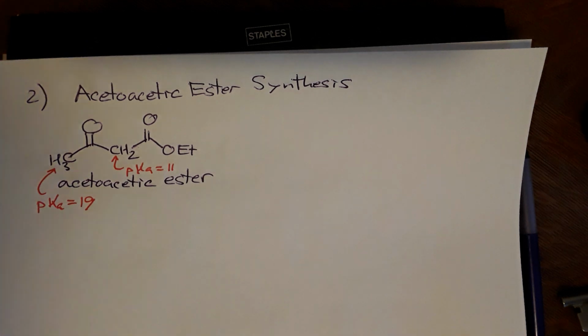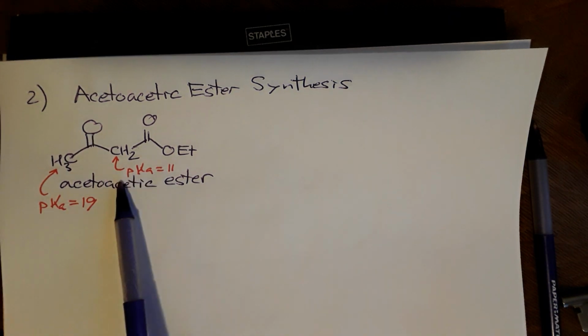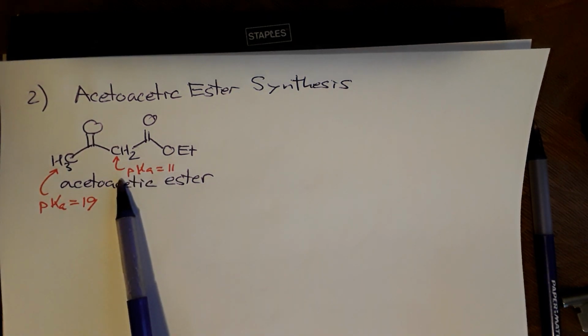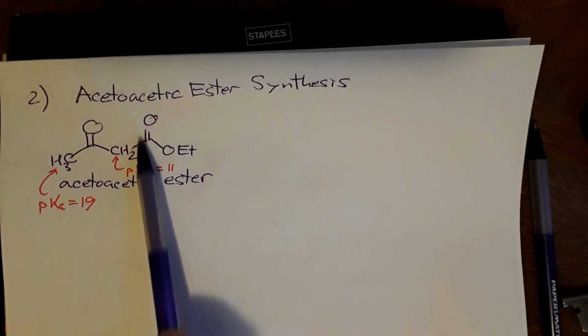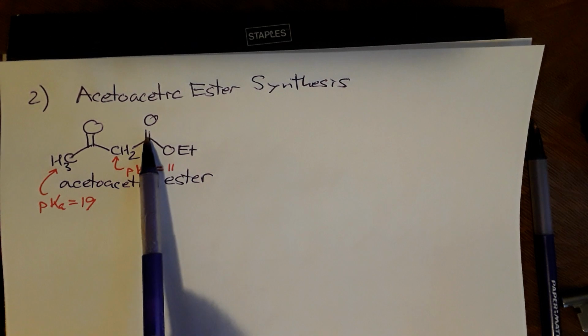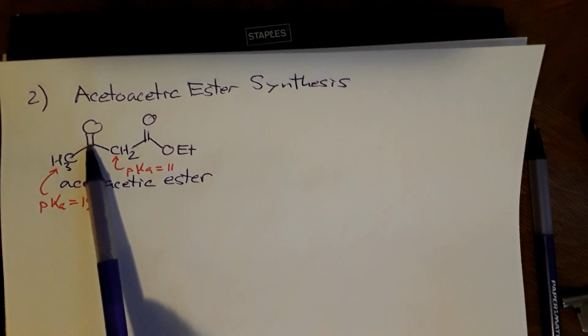That's my goal anyway. Your goal is to learn about the second method of alpha alkylation, which is acetoacetic ester synthesis. So this compound that you see here is acetoacetic ester, and look at it. Does this look familiar to you? You've got an ethyl ester group on an alpha carbon, and on the other side you also have a carbonyl.